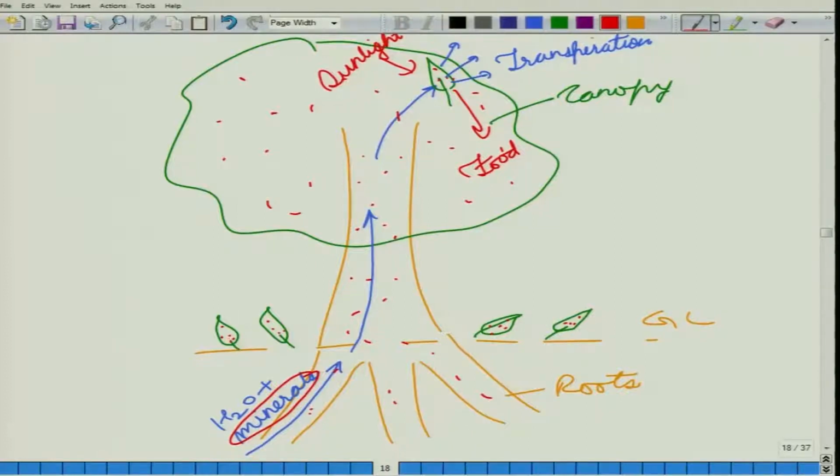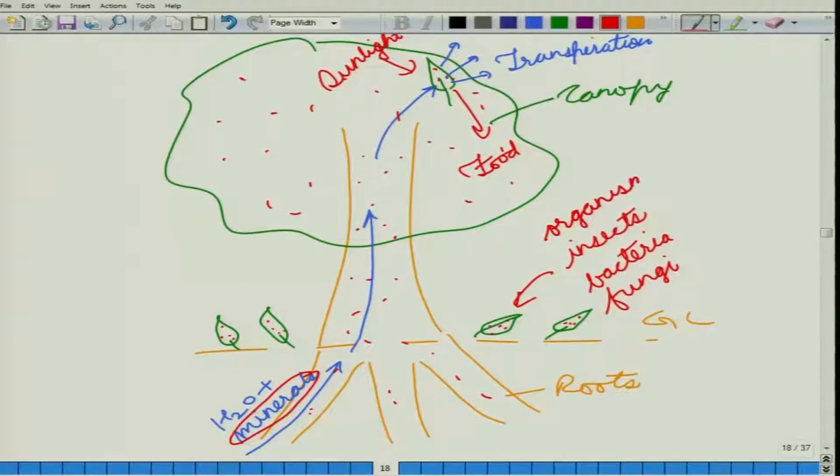After some time these leaves would be eaten away by insects or by bacteria or by fungi or by some other organisms. And then all the energy that was there in the leaves has gone into the bodies of the organisms, all the minerals that were there in the leaves have gone into the bodies of these organisms.